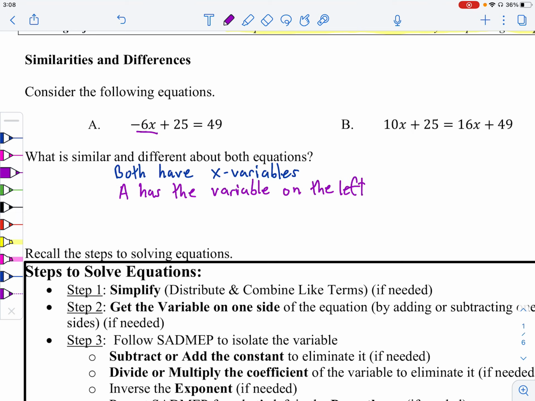Negative 6x is on the left side. B has two of the variables. So variables on both sides. So they're kind of similar, but a little bit different, right? So B has variables on both sides. We want to solve this.